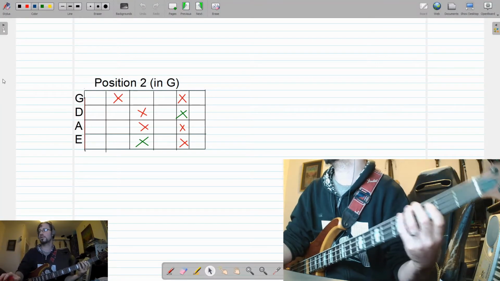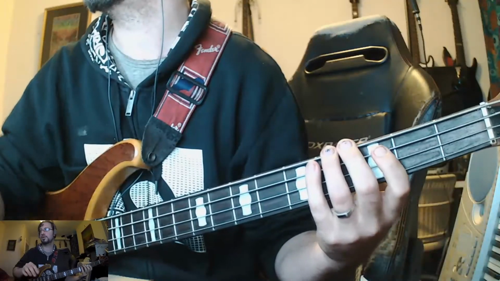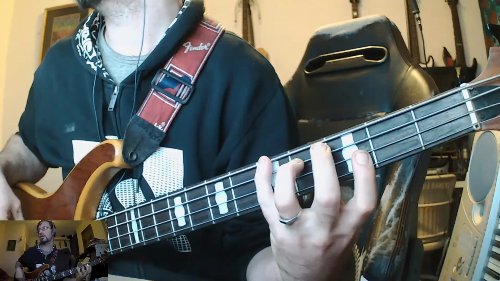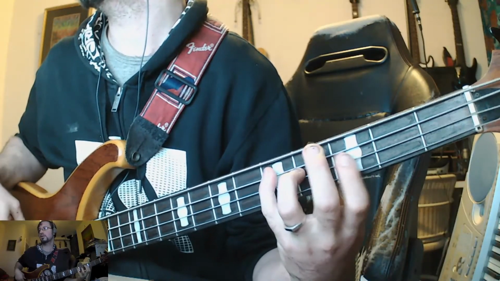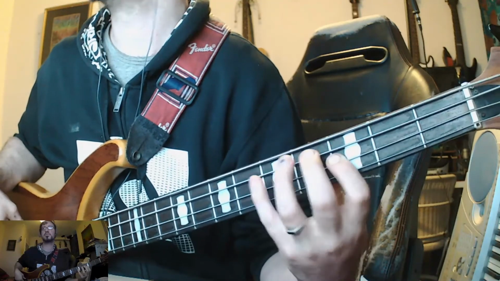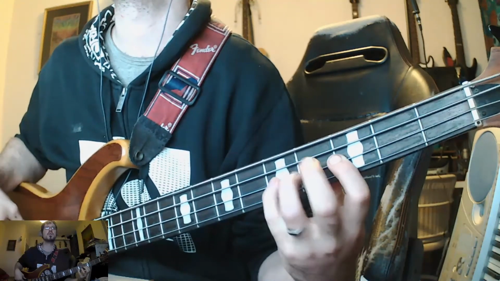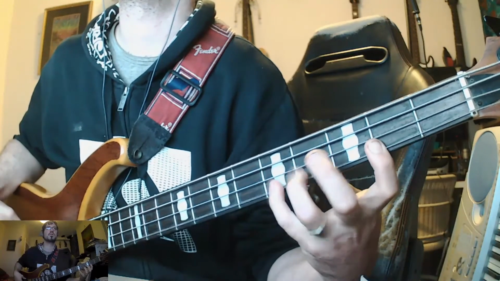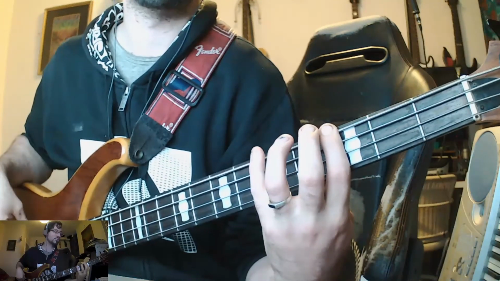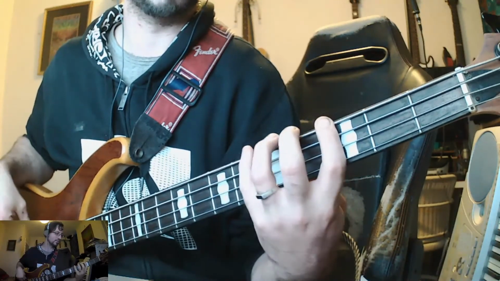But just so you can learn the shapes initially, you want to be doing it in G, A, C, D, oh, that's right, F. But you can actually play them all together in one sequence.